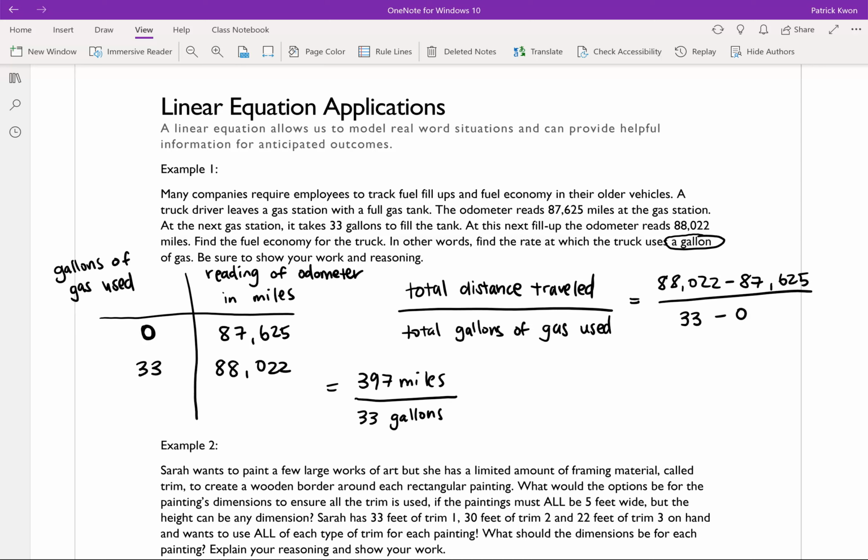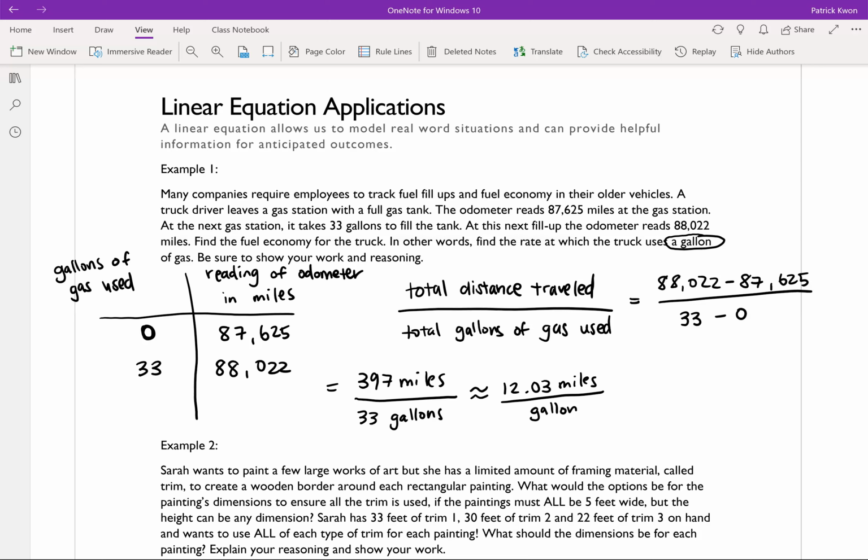And so what we're going to do is divide these two numbers. I threw that into my calculator, and it's approximately 12.03 miles per gallon, per 1 gallon. You can put the 1 if you want, or you can omit the 1.